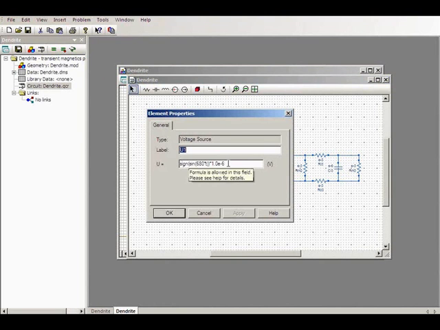Now this time I'm applying a time-dependent voltage here instead of just an AC voltage. And this is a square wave, and I'm achieving a square wave by taking the SIGN of the SIN.